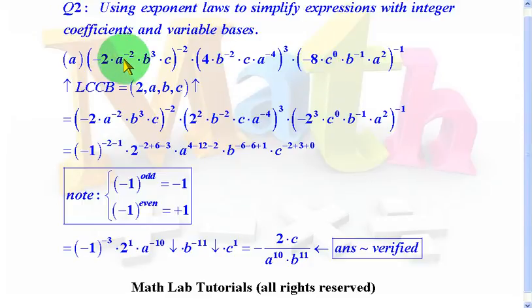The variables are A, B, C. You see A, B, C in here and A, B, C. And the variables are all bases, and the coefficients are actually bases as well, except they're numerical values and the other ones are variables. The exponent laws still apply.